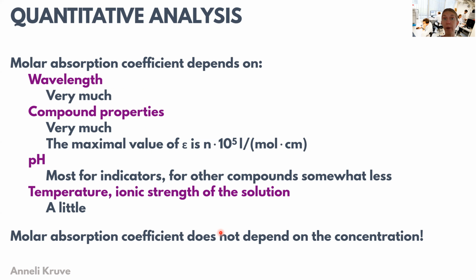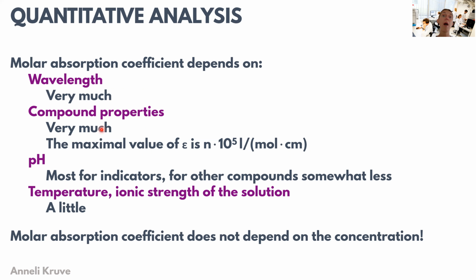This comes from the fact that the molar absorption coefficient changes with the wavelength. So it depends very strongly on the wavelength, and choosing a good measurement wavelength is very important in ultraviolet visible spectroscopy. It also strongly depends on the compound.